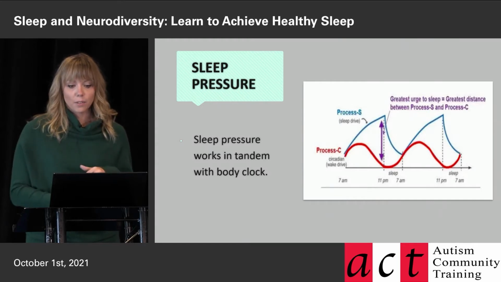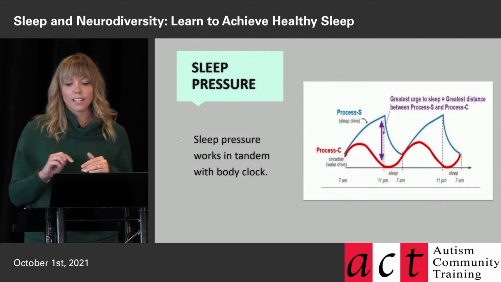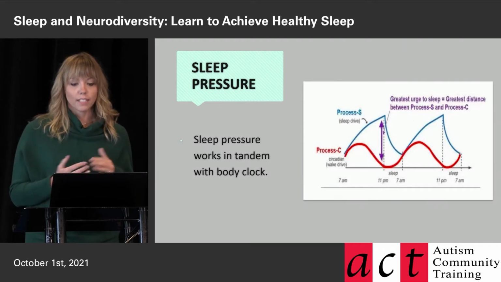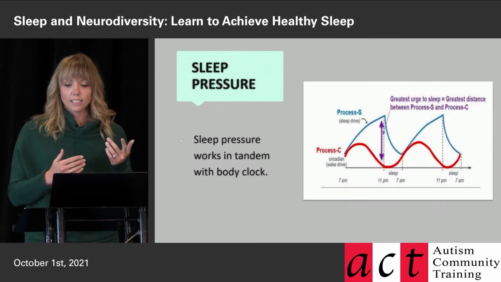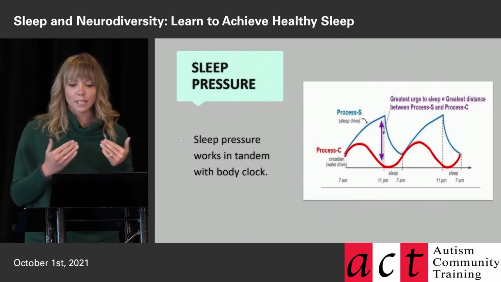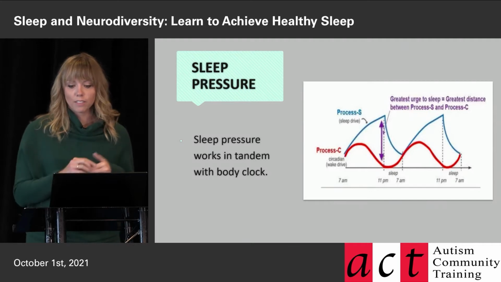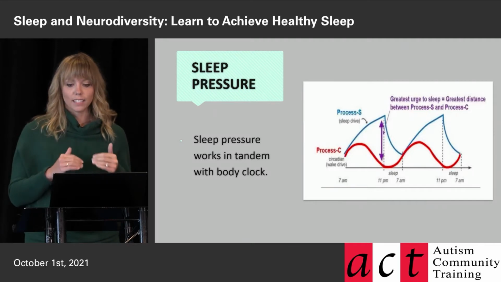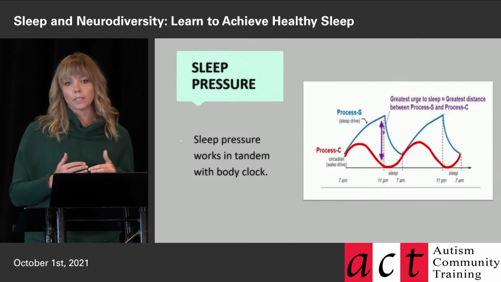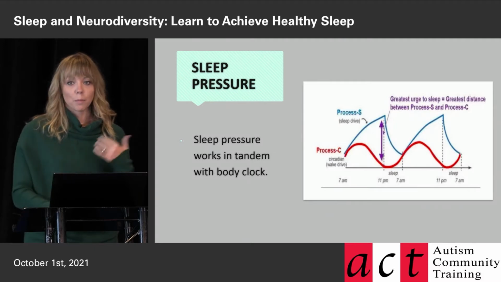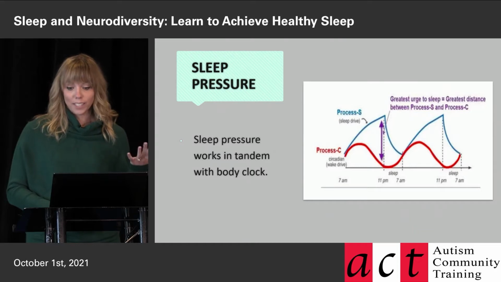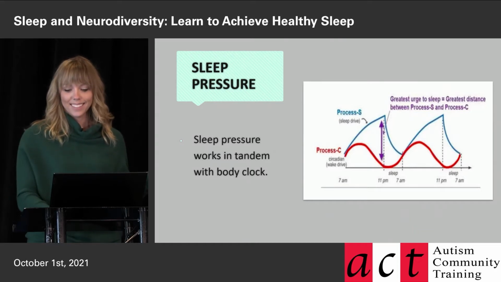Second on the graph, you have that blue line there. It's called your sleep drive. This one is our sleep pressure, that urge to fall asleep. The blue line on the graph coordinates with that circadian drive and its timing of the release of a neurotransmitter called adenosine. Adenosine starts to build up from the moment we wake up in the morning. Mine has already started.